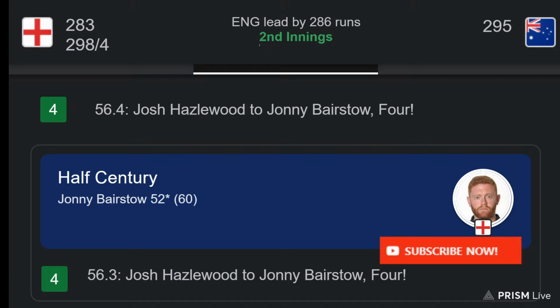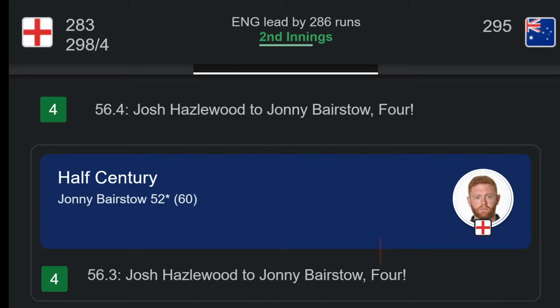The total goes to 298 for the loss of 4 wickets. 283 is the first innings total, and 298 for the loss of 4 wickets in the second innings. 295 is the first innings total of Australia. So England lead the second innings by 286 runs.